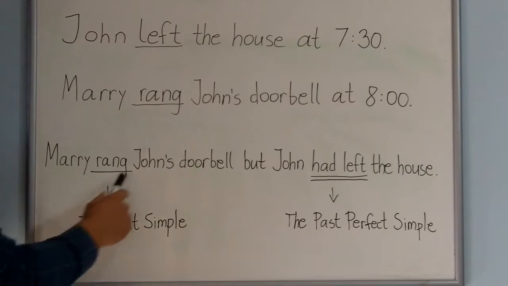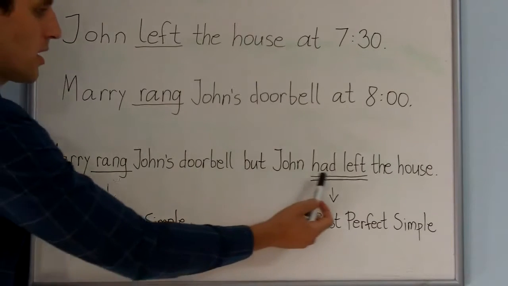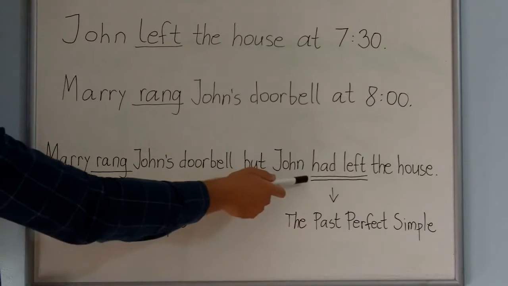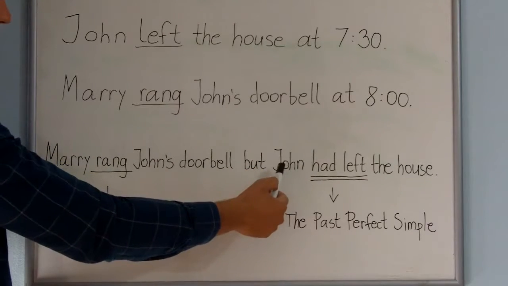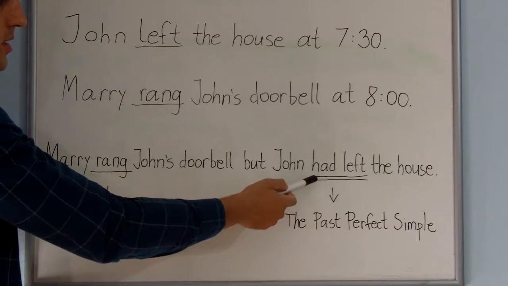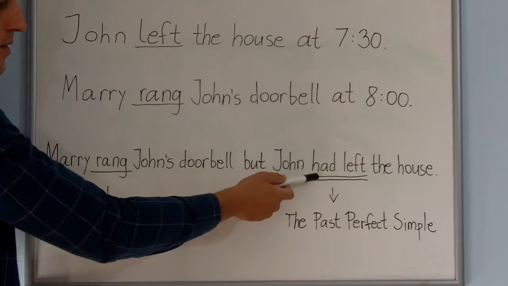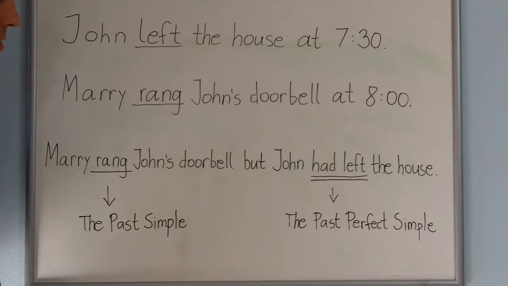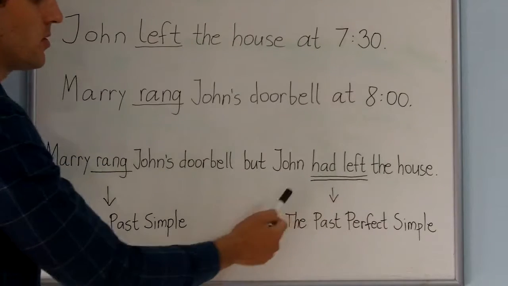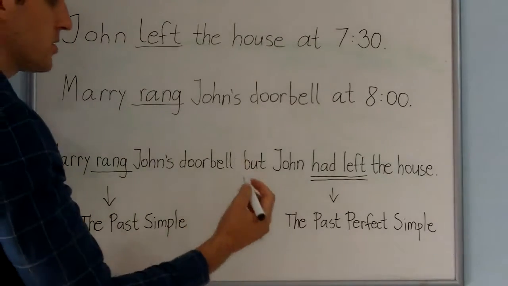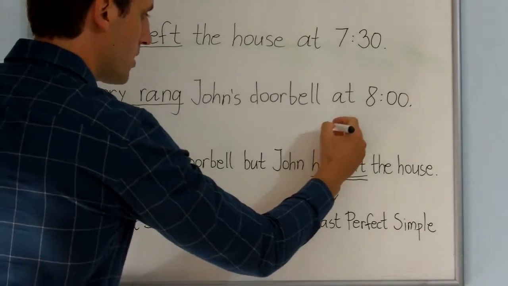Mary rang John's doorbell, but John had left the house. This part of the sentence is the action which happened first. As you can see, we used the verb form had left, which is the verb form for the past perfect simple in this case. Since this is the first action, we'll place number 1 here.